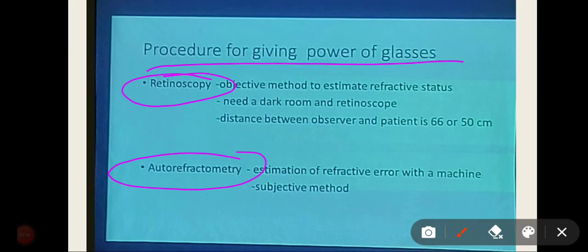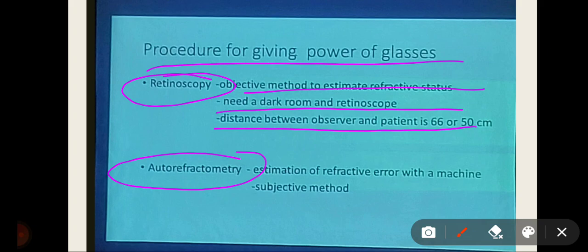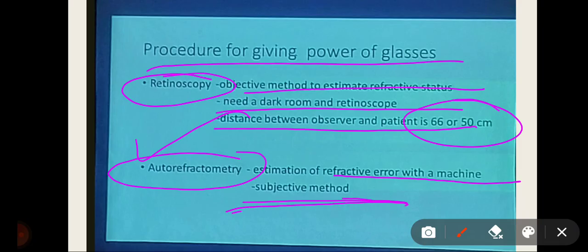This will be discussed in the next lectures. Retinoscopy is an objective method to estimate the refractive status, and needs a dark room and a retinoscope. The distance between observer and patient is 66 or 50 centimeters. The autorefractometer estimates the refractive errors with a machine. This is an objective method.